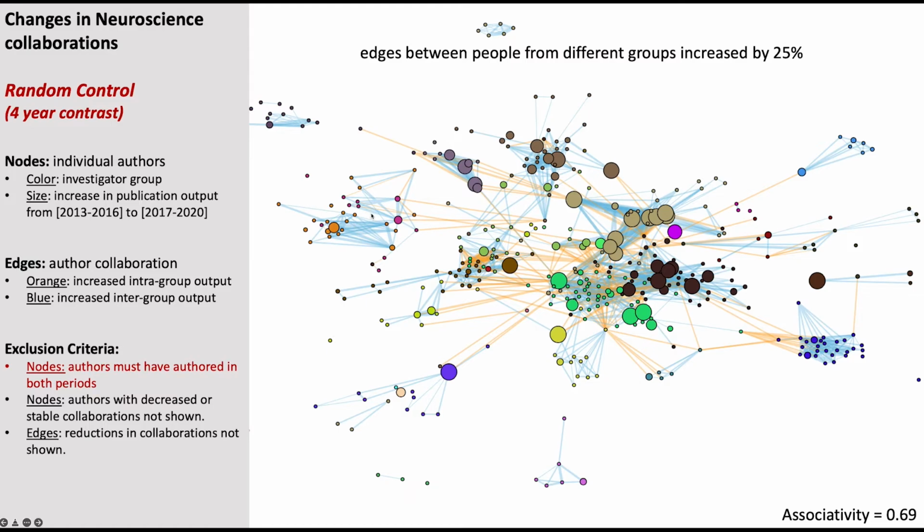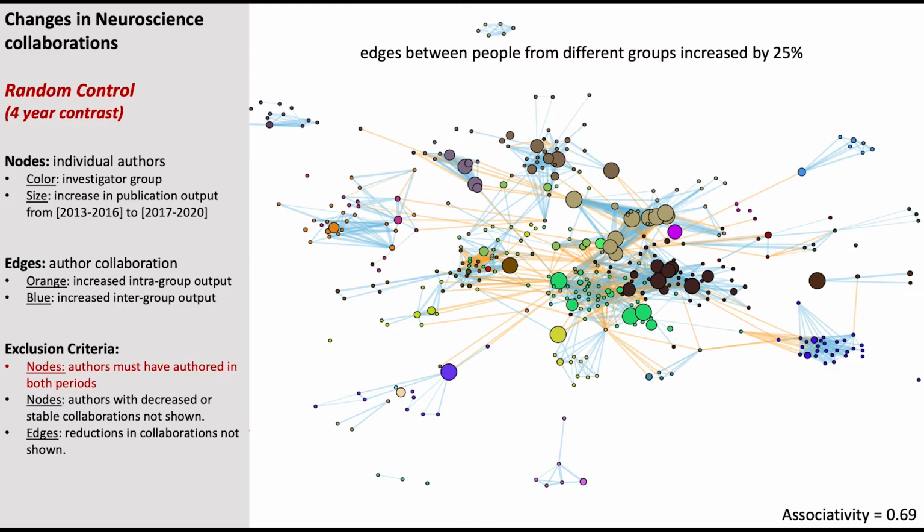You can see there's blue edges and there's yellow edges. A blue edge means that two people in the same group, i.e. the same colored node, increased their efforts together. A yellow edge means that two people from different groups started doing more work together. So when you glance at this, what you see is that people do collaborate across groups in that control group.